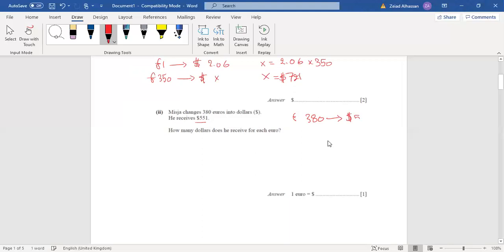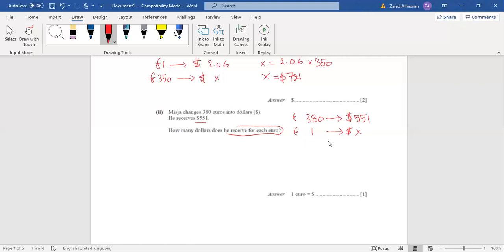That's $551. How many dollars does he receive for each euro? So 1 euro. So this question says 1 euro. How many dollars he receives? See how we are translating the problem into mathematical form, the word problems.